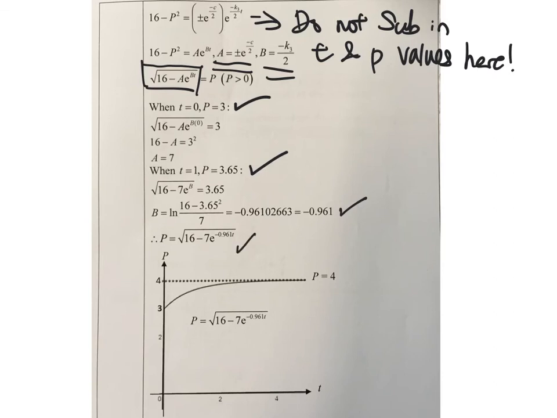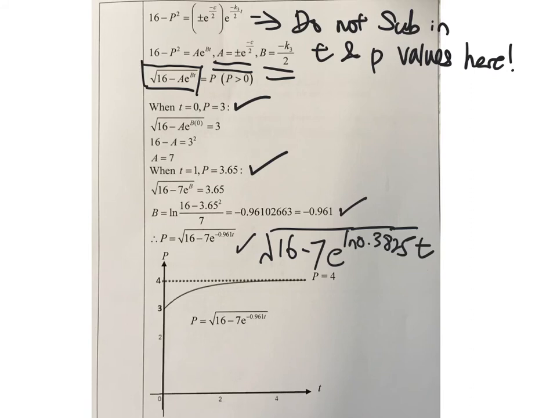So solving this, you should be able to get that b is negative 0.961, and this should be your final answer. I need you to pay attention that just like any other math problem that you solve, your answer needs to be simplified. A very, very common mistake is to express your answer as 16 minus 7 times e power ln 0.3825 t.